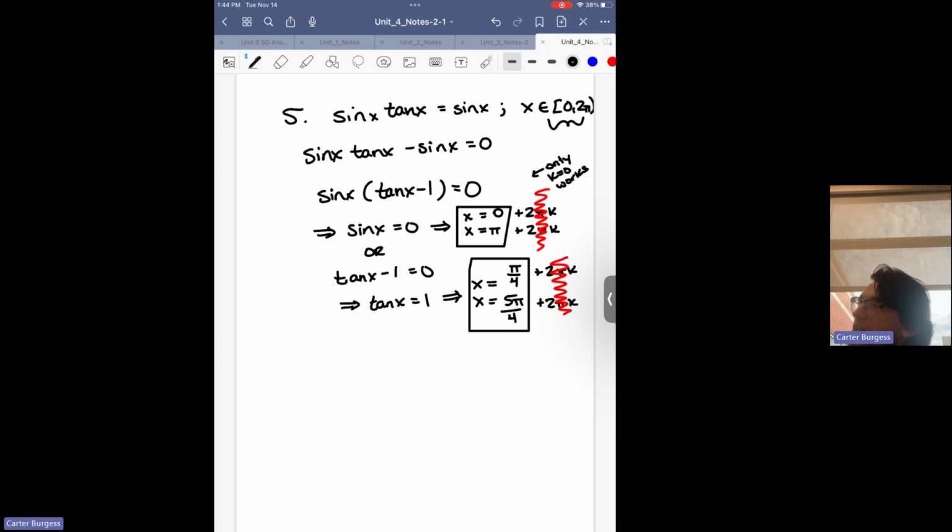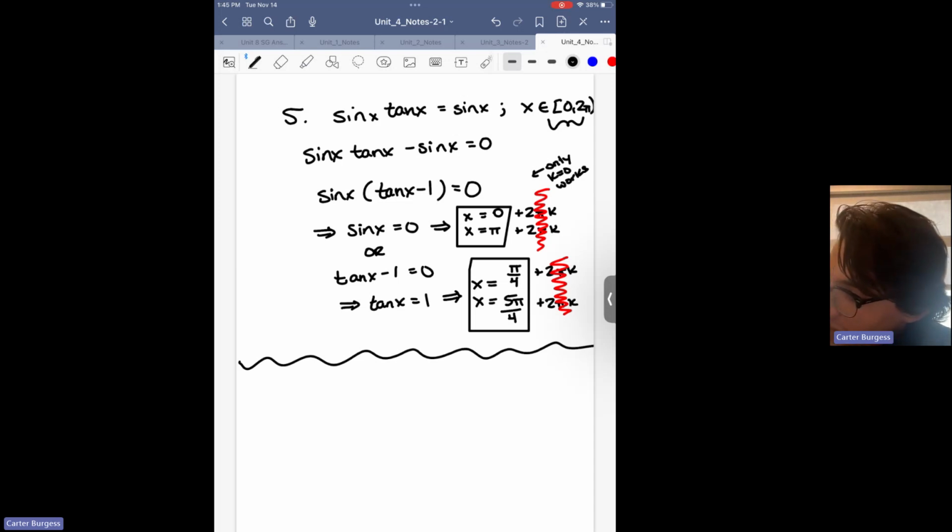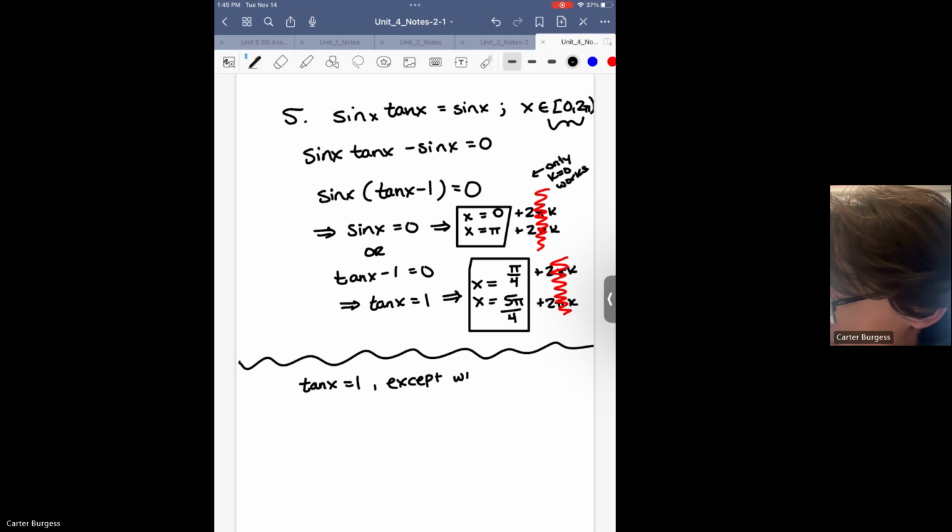Now, we absolutely could have done the first suggestion that we ran through, of dividing by sine of x and then setting in our head that we'll need to manually check the zeros of sine to make sure that we're not breaking anything, to make sure that we're not missing any solutions. So for instance, dividing everything here by sine of x, I get that tangent of x equals 1, except when sine of x equals 0.